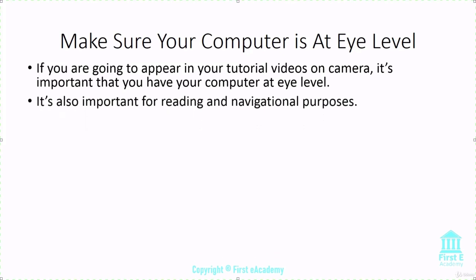Now, this whole setup is important for reading and navigational purposes too. If you are scrolling through your points when you're talking on PowerPoint, it's more effective if you can see them at eye level. You're not looking up at them, you're not looking too far down at them. Having them directly in front of you is very important.